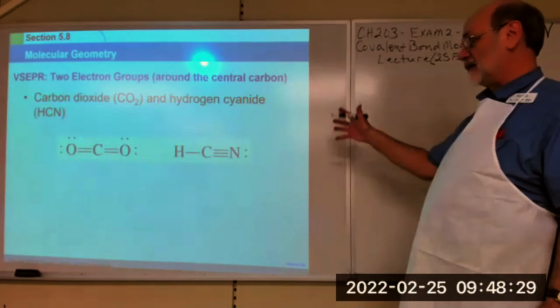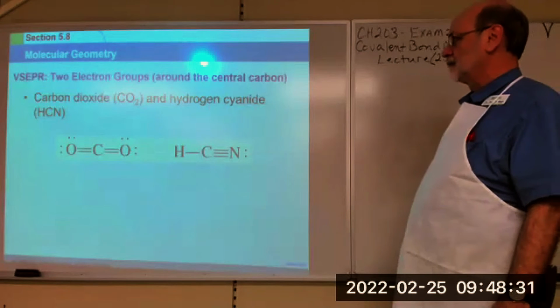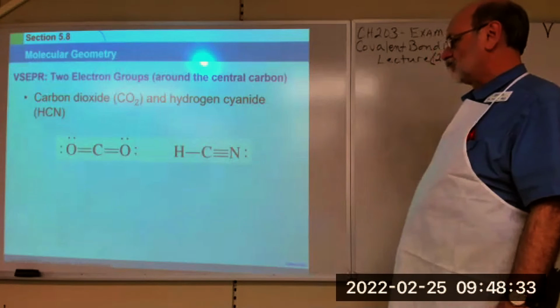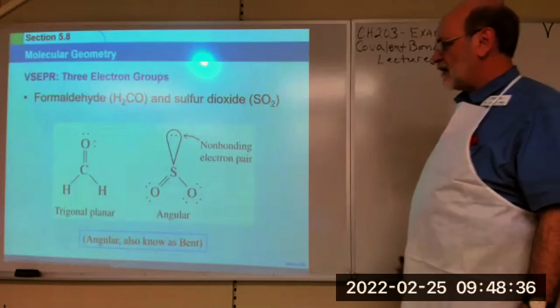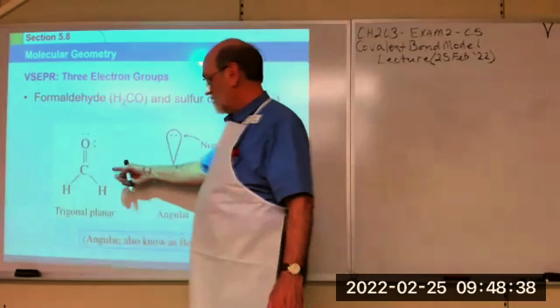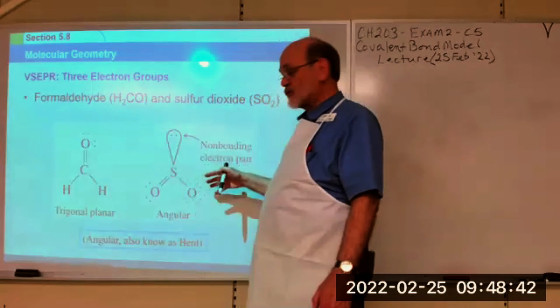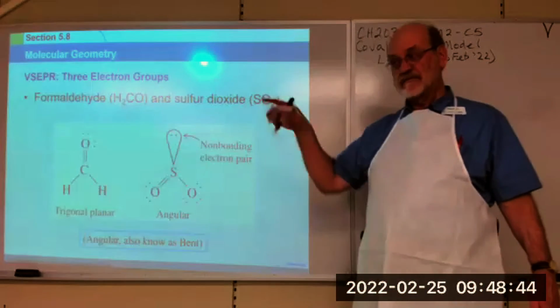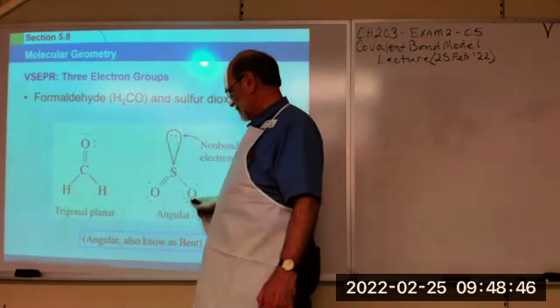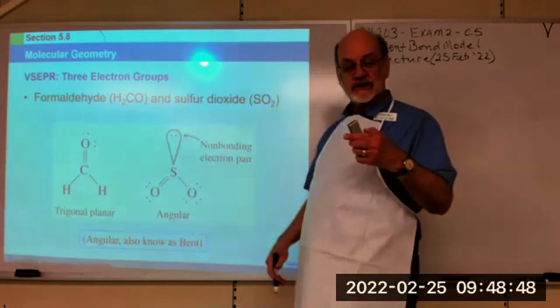All right, here's linear. If you have three, either bonding or a lone pair and some bonds, that's trigonal planar, right? Equilateral triangle. That's the only possibility.